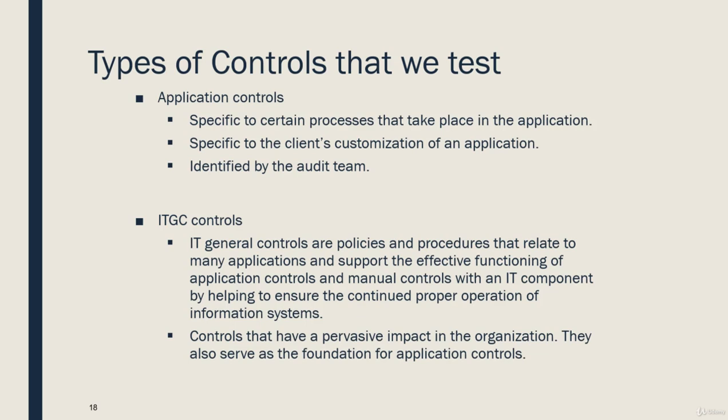So unauthorized individuals may have access to approve payments in the application because the IT general controls were not effective. This example goes to show the importance of IT general controls being effective in order for the auditors or those that are testing to rely on the application controls. In the next slide, we'll go through a pictorial example.